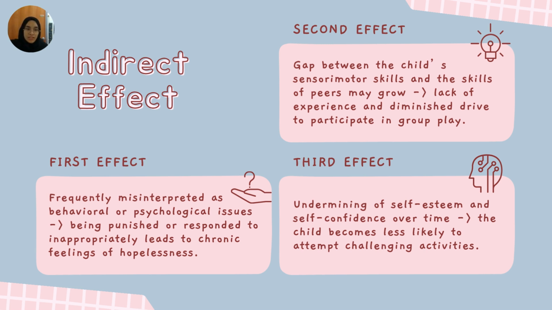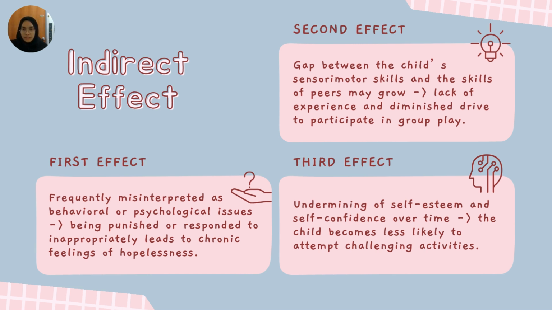The third effect is undermining of self-esteem and self-confidence over time. Children with sensory integrative problems are often aware of their struggles with commonplace tasks, so it is natural for them to react with frustration. Chronic frustration can negatively affect the child's feeling of self-efficacy, which is very important for everyone in the world to have a sense of worth.